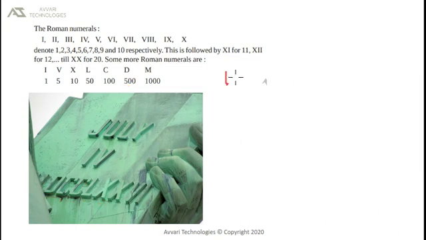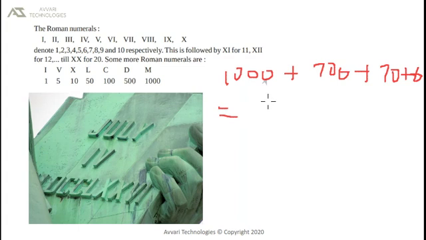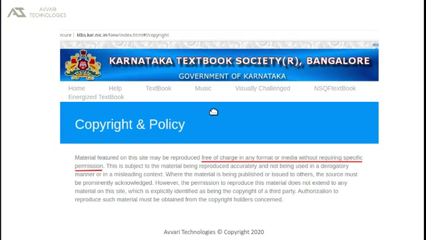When we add all these numbers, 1000 plus 700 plus 70 plus 6, we get 1776. This says July 4th, 1776.